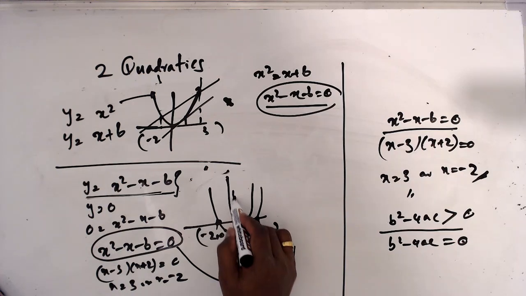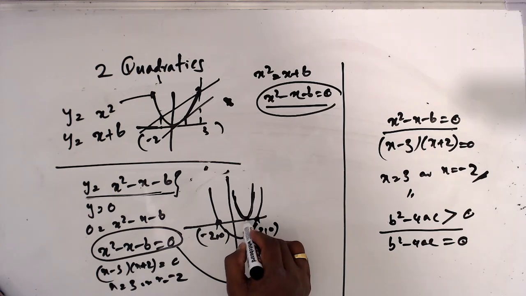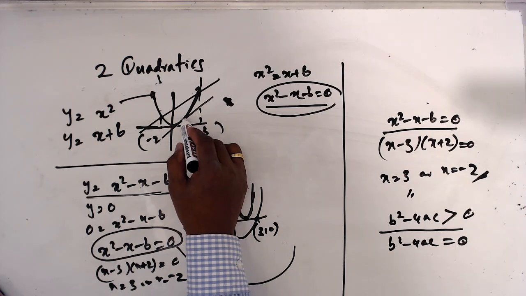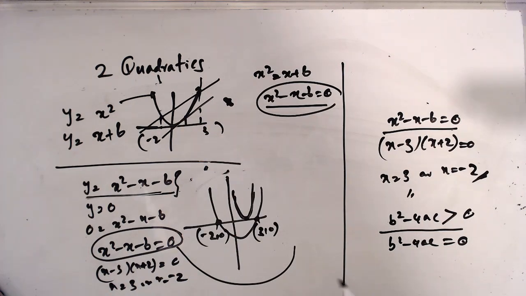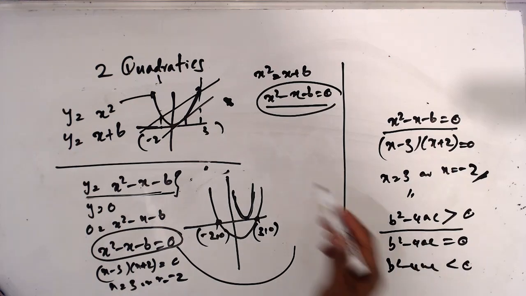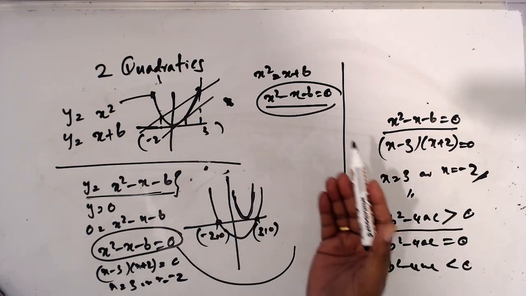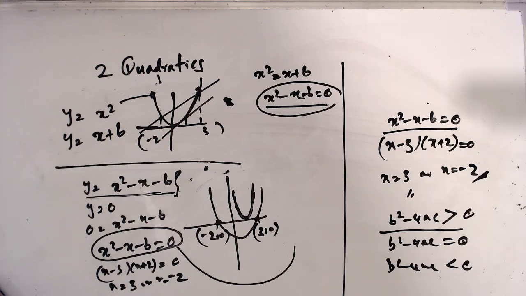It can be a repeated intersection point, or a repeated root. So b square minus 4ac less than 0 means there are no intersection points when there are two curves, or there are no roots.